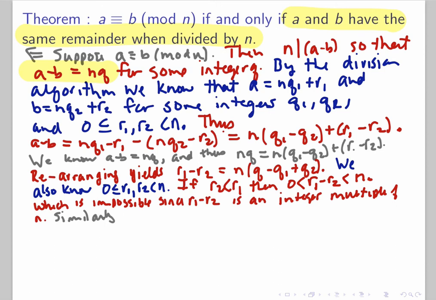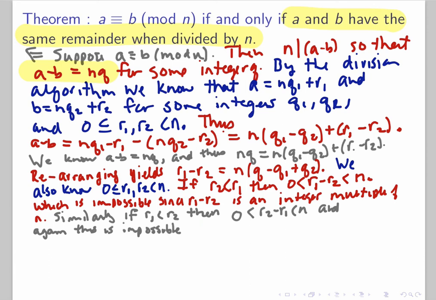We're going to make the same exact argument for the other way around. If r1 is less than r2, then that would mean that 0 is less than r2 minus r1, which is less than n. But again, we know that r1 minus r2 is n times some integer. In this case, it's negative q plus q1 minus q2.